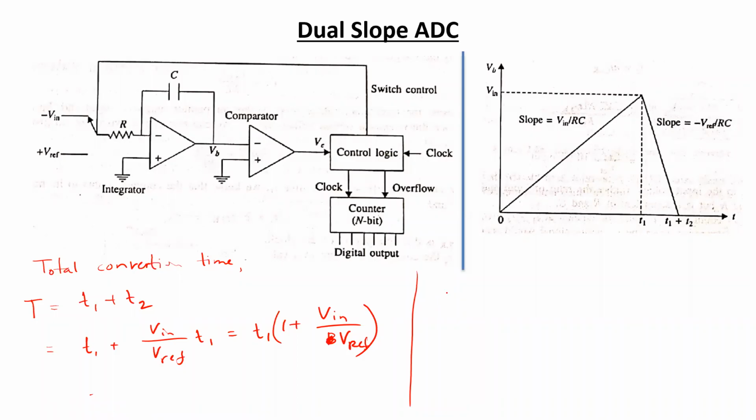Another way to represent the total conversion time, capital T, is in terms of the time period of the clock pulse.